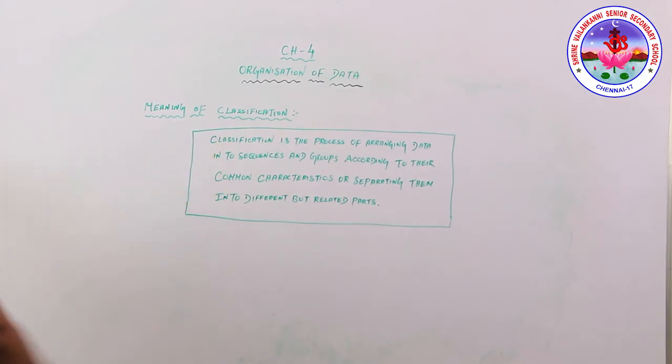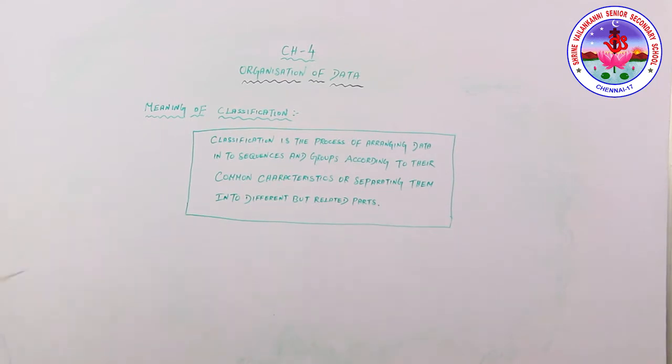What is meant by classification? Classification is a process of arranging the data into sequences and groups according to their common characteristics or separating them into different but related parts.